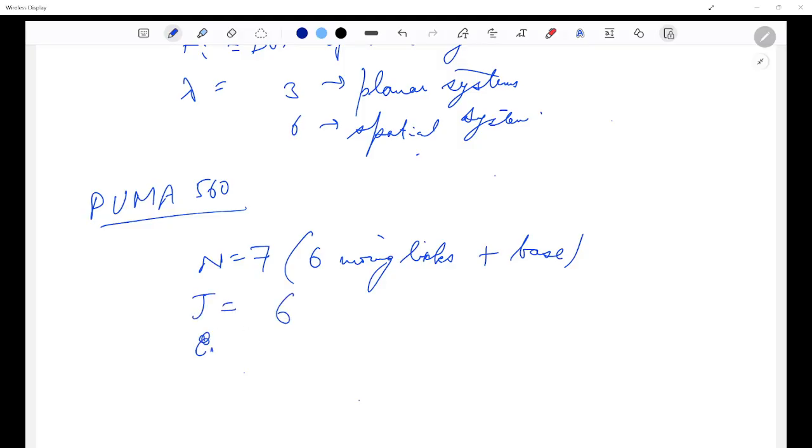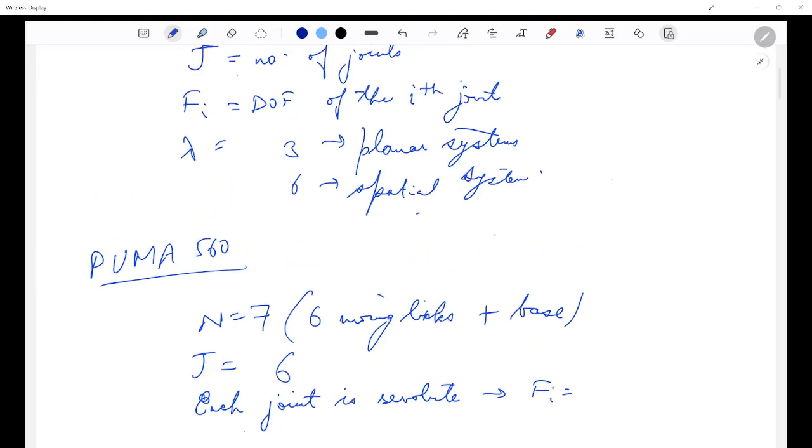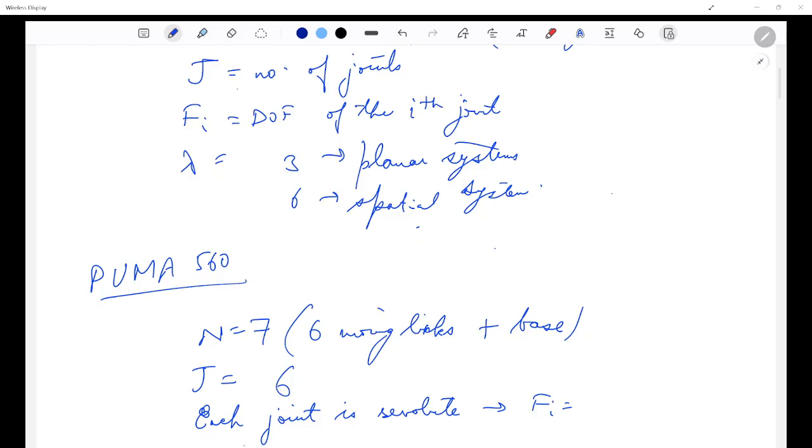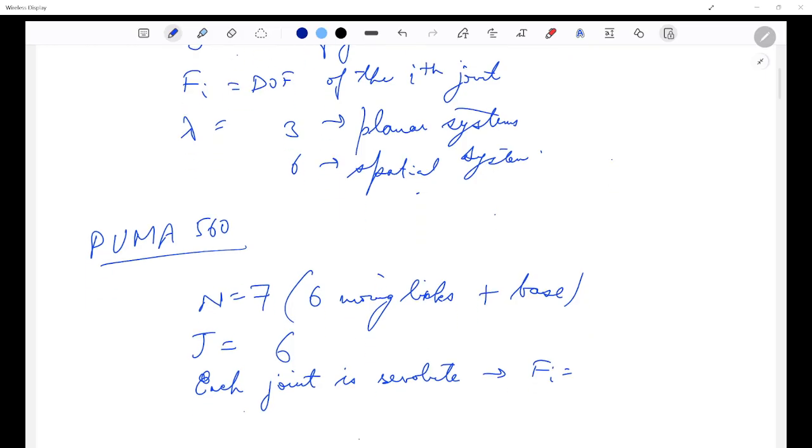Each joint is revolute. That means Fi is equal to what in that case? Fi is the degree of freedom of the ith joint. For a revolute joint, what is Fi? 1. Right. Good. It is 1.